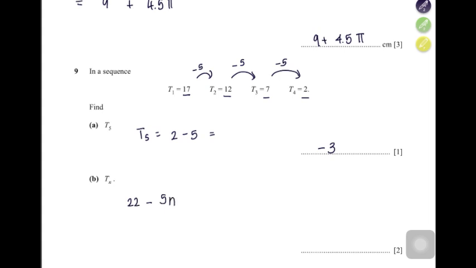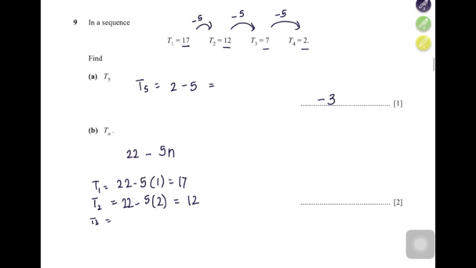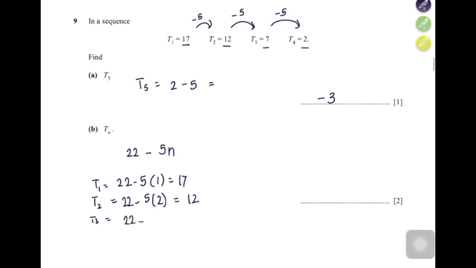T1 would be 22 minus 5 into 1, which is 17. T2 is 22 minus 5 into 2, which is 22 minus 10, that makes it 12. T3 is 22 minus 5 into 3, 22 minus 15, that makes it 7. So this is our general formula, 22 minus 5n.